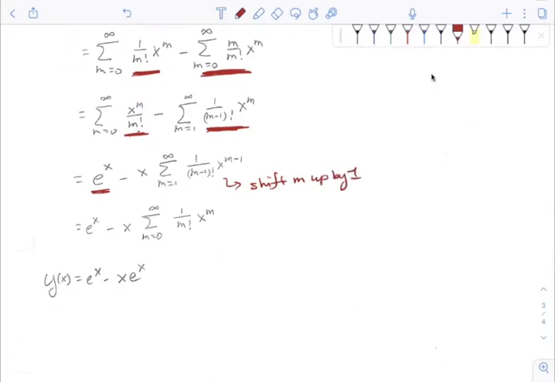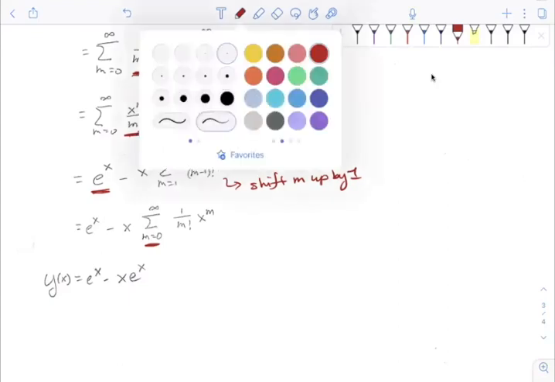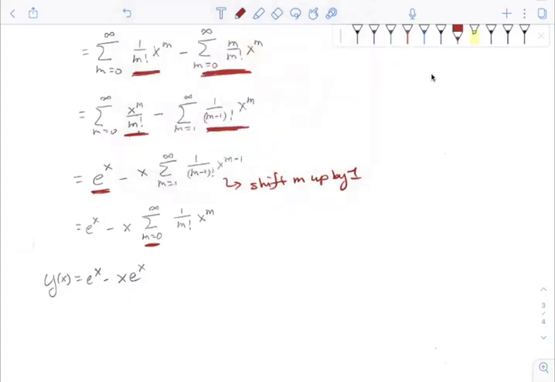And when I do that, I shift my index down to 0 because I go down by 1. And then if you factor out an x and do that shift, you can get yourself to an x e to the x term. So there's a little bit of work to do there, but it's just some algebra.